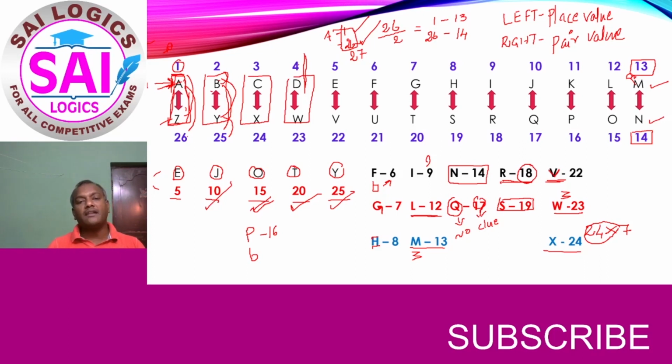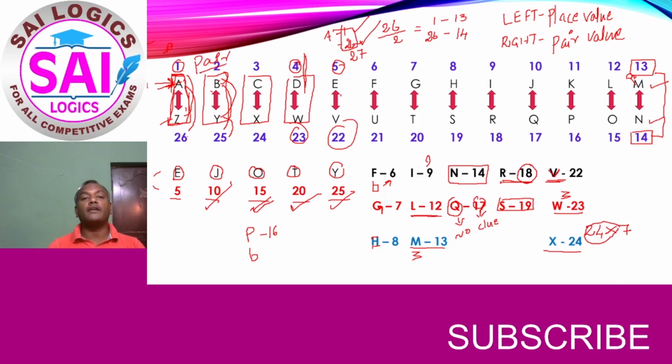If you add these two numbers, that is 4 and 23, or 5 and 22, if you can add 13 and 14, the total will become 27. So we have to say that two alphabets whose sum is 27, those two alphabets are to be called as pairs. So what is a pair here?